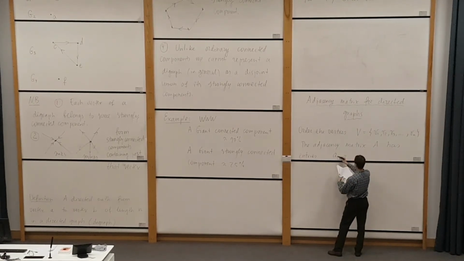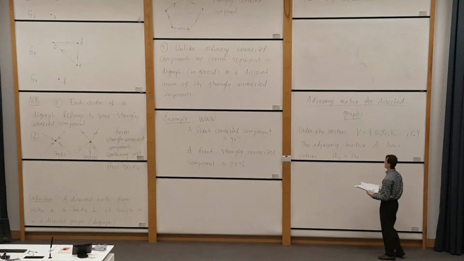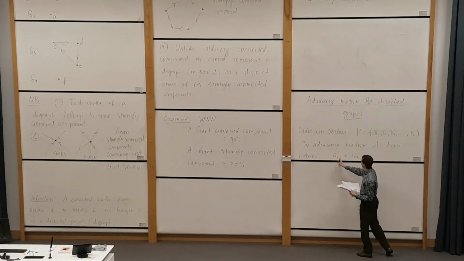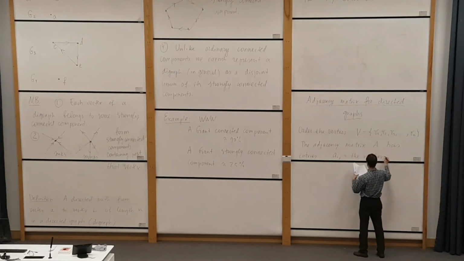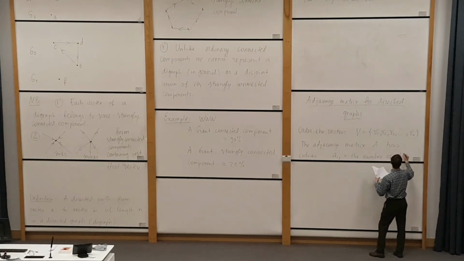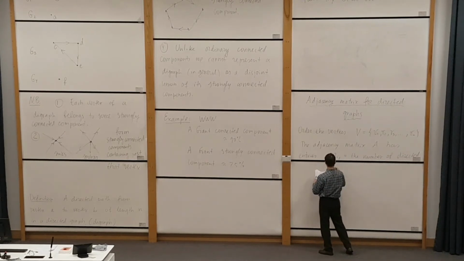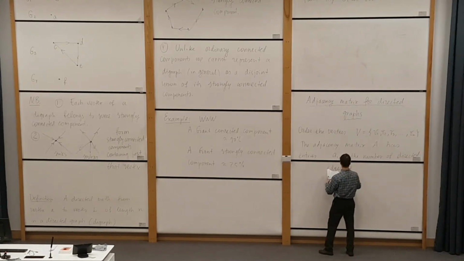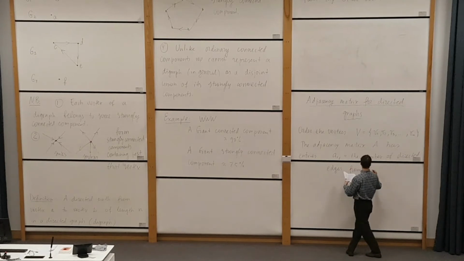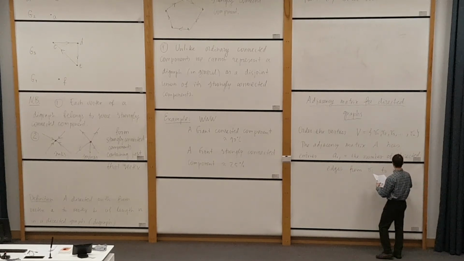The entry labeled by i and j equals the number of directed edges from V_i to V_j, from the first label to the second one.